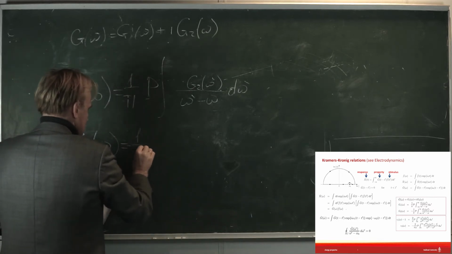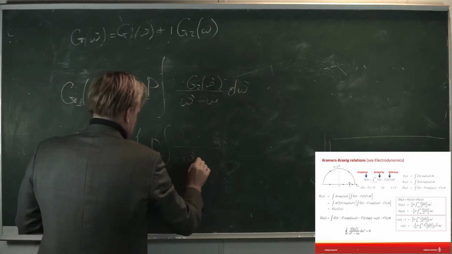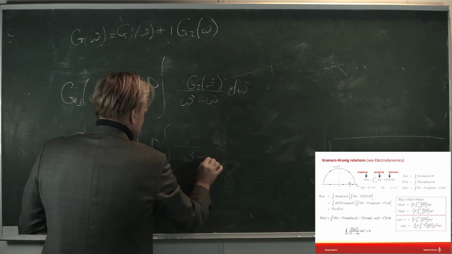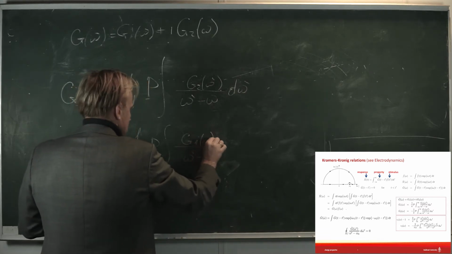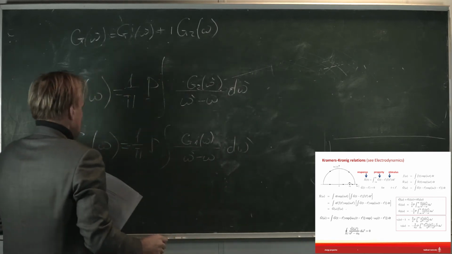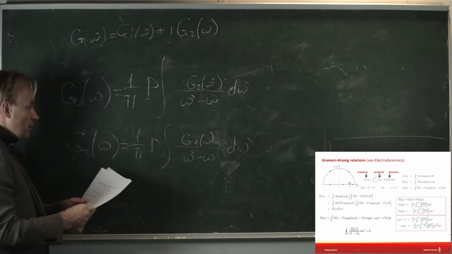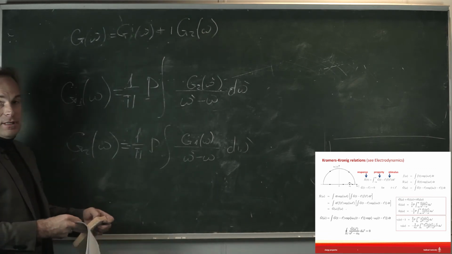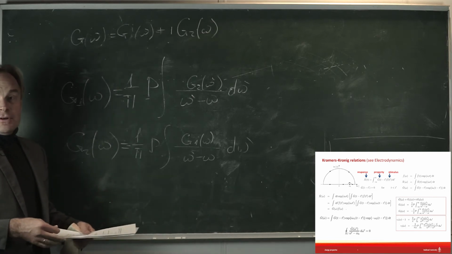Here minus the principal value of the integral again. And this is what you would find in textbooks as the Kramers-Kronig relations.